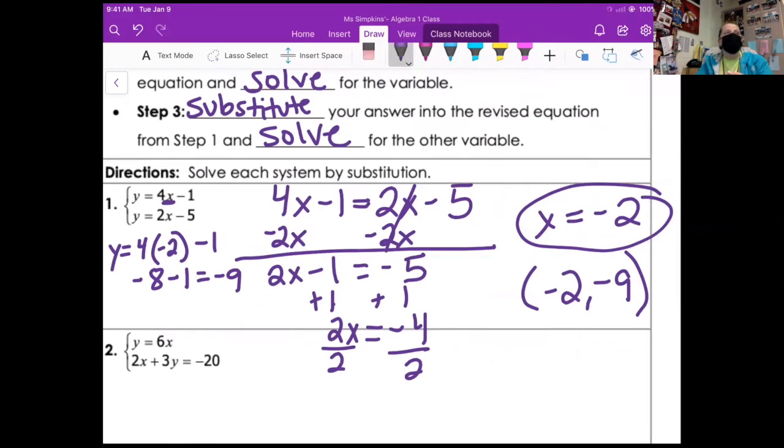And now algebraically, we found that they still cross at -2, -9. That's crazy. And even more crazy, we could use the second equation. y equals 2 times -2 minus 5. -4 minus 5 still equals -9.